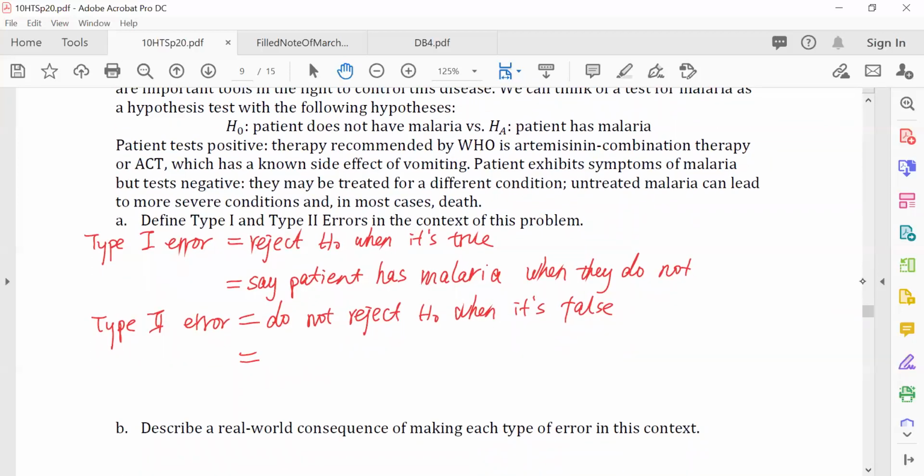We say patient, I should say patience, right? Patience. Have patience. Don't have malaria when they actually do.